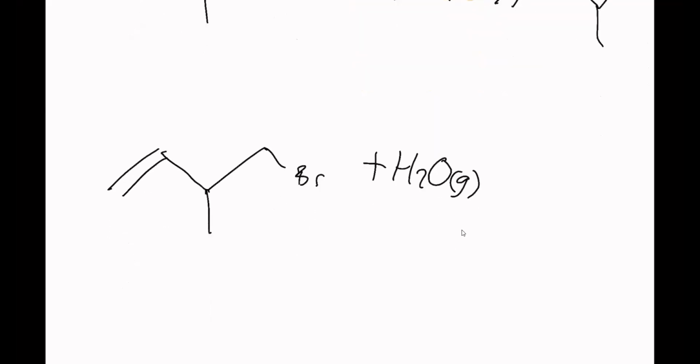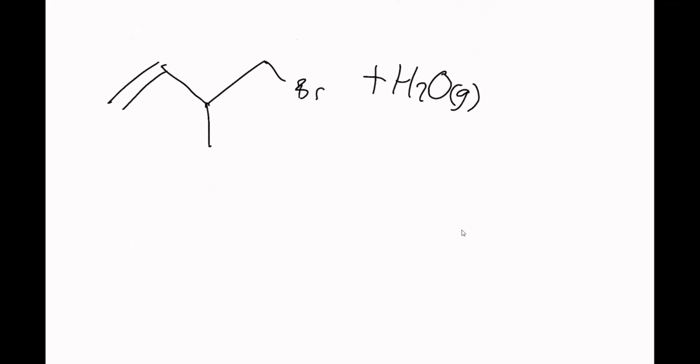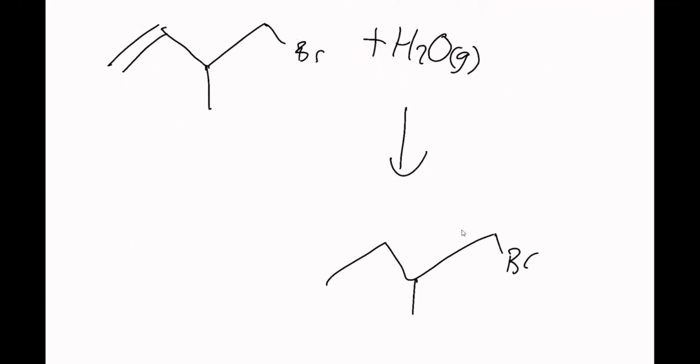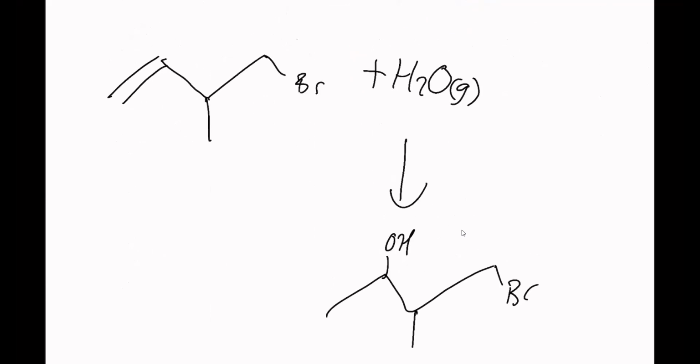So in this case here, I'll scroll down a bit, we'll put the bromine back where it is, keep the double bond there, and then we can get the OH added on that side. And in that case, this would be addition. So this is addition.